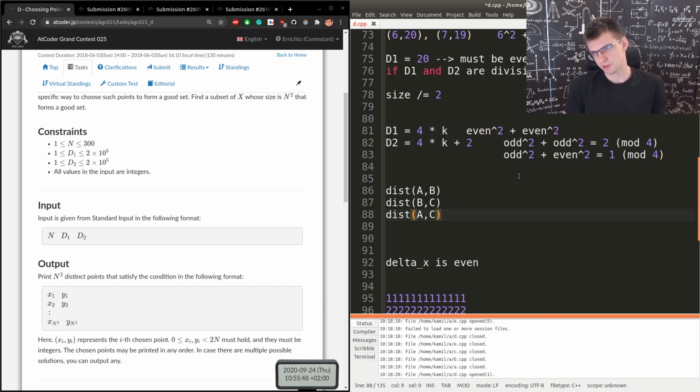Even square plus even square. So a combination of those two means that it's okay to have odd x distance and odd y distance.